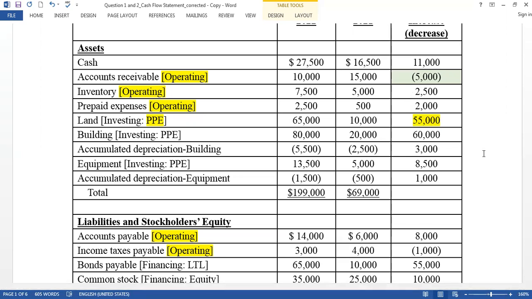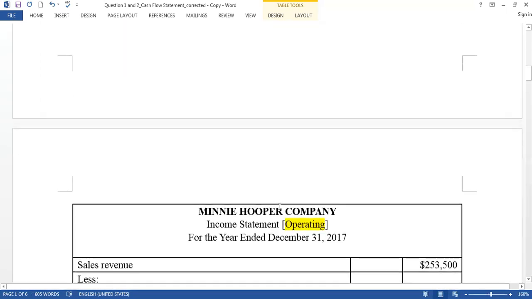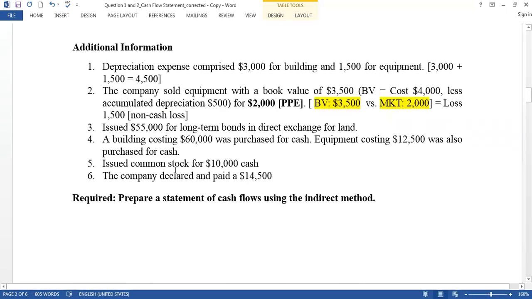You buy land, but we are not sure whether we paid cash or not. Who tells you whether you paid cash or not? The additional information. Look at the additional information about the land.